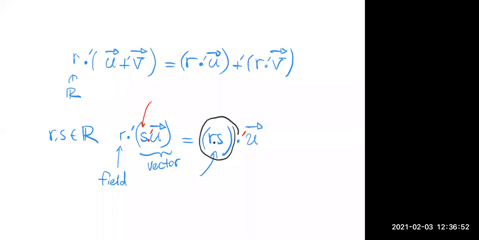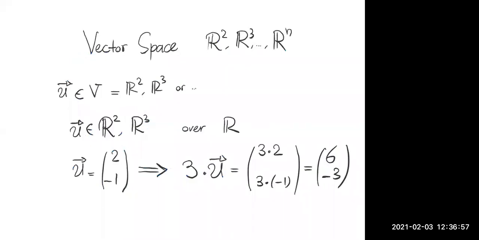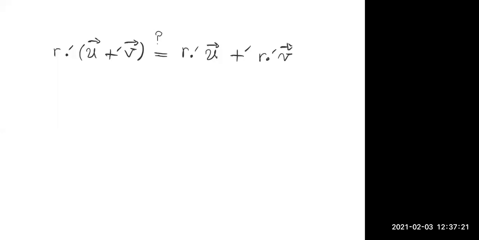Okay, since we don't have much time, let me just write at least one of them. So let's, for example, let me show r times (u plus v). Let's see if it's equal to r times u plus r times v. Okay, so on the left-hand side, I should first look at the addition of u and v.